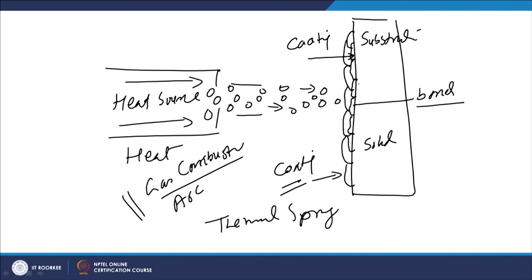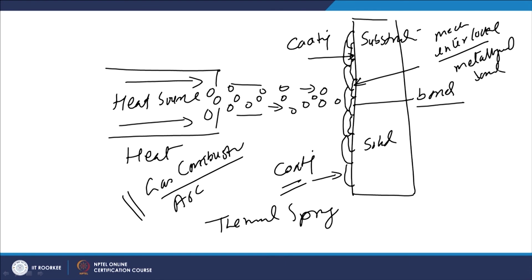So, the bond between them is actually relatively poor, because mostly in the initial stage it is mechanical interlocking, and then a little bit of metallurgical bond is created due to diffusion.